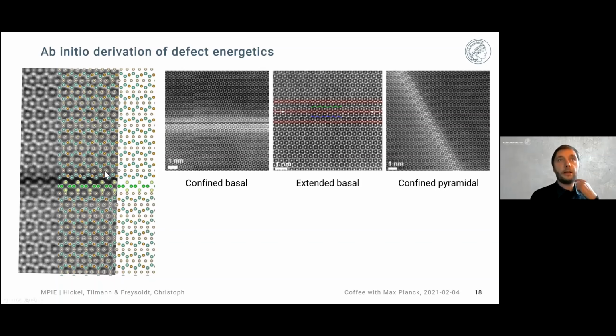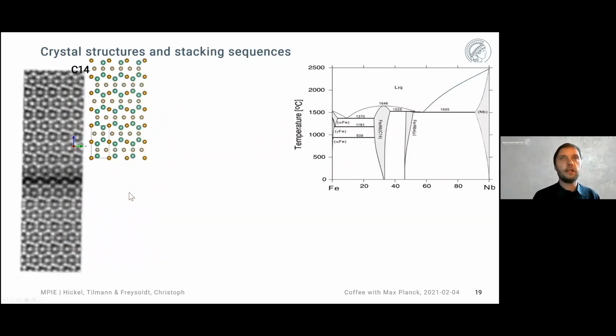In particular, as already indicated by Christoph, in the structures, stacking faults are typically represented by this kind of cross-shape arrangement of niobium atoms. To understand this feature better, let's have a look at the crystal structure of the C14 Laves phase we are investigating here.